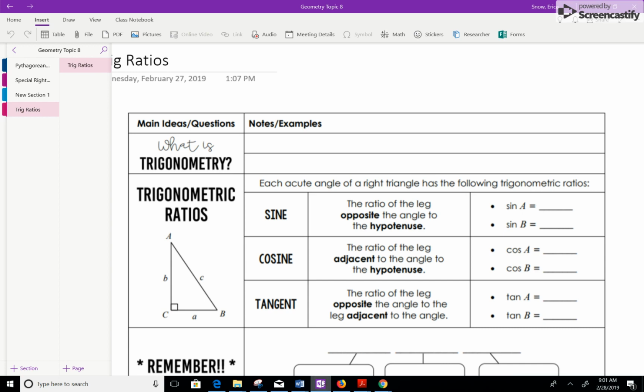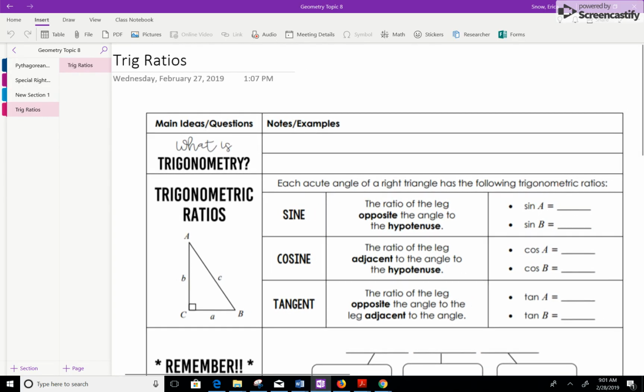Hello, geometry classes. Today we're going to be talking about trigonometry and more specifically trig ratios. Trig ratios and trigonometry are based off of the fact that similar triangles are proportional.